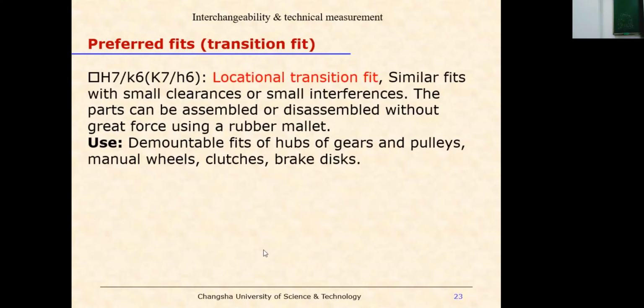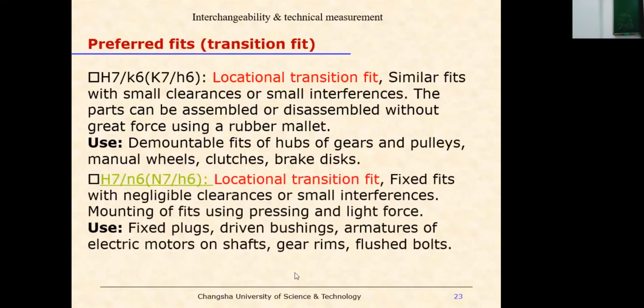The part can be assembled or disassembled without great force, using a rubber mallet. Demountable fits of hubs, gears and pulleys, hand wheels, clutches, or brake discs are usually used here. So H7 and K6.